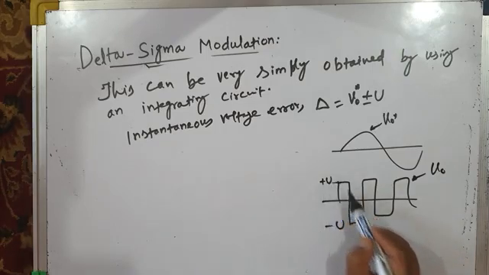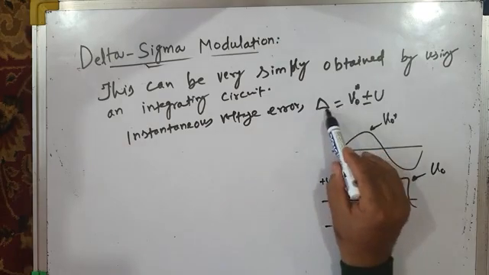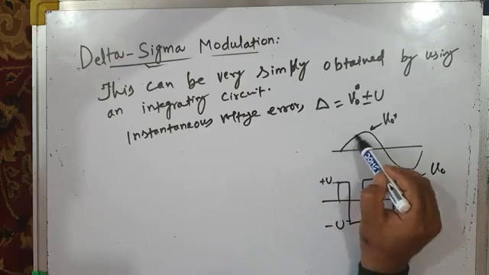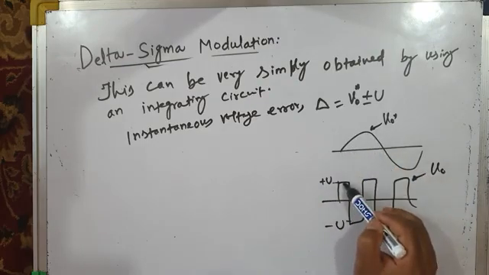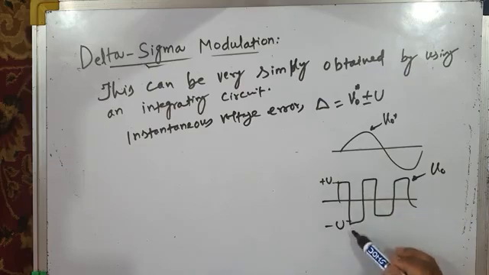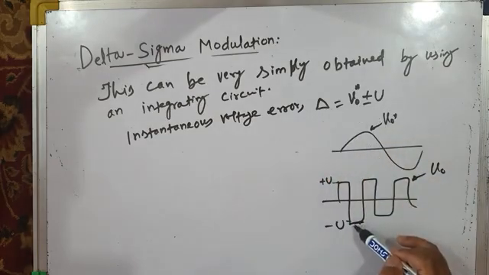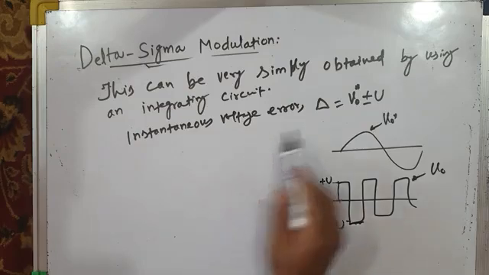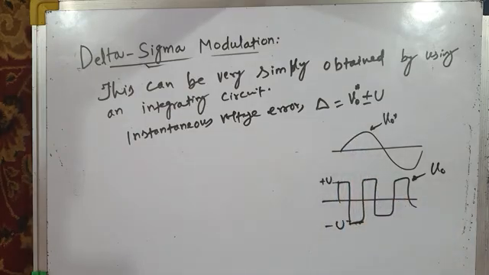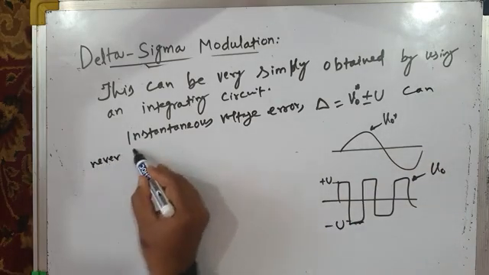When the voltage is plus U, the instantaneous voltage error between the reference voltage and actual voltage is V0 star minus U. And when the voltage across the load is minus U, then the instantaneous voltage error is V0 star minus (minus U), that is, V0 star plus U. So this instantaneous voltage error is never zero. It can never be eliminated.